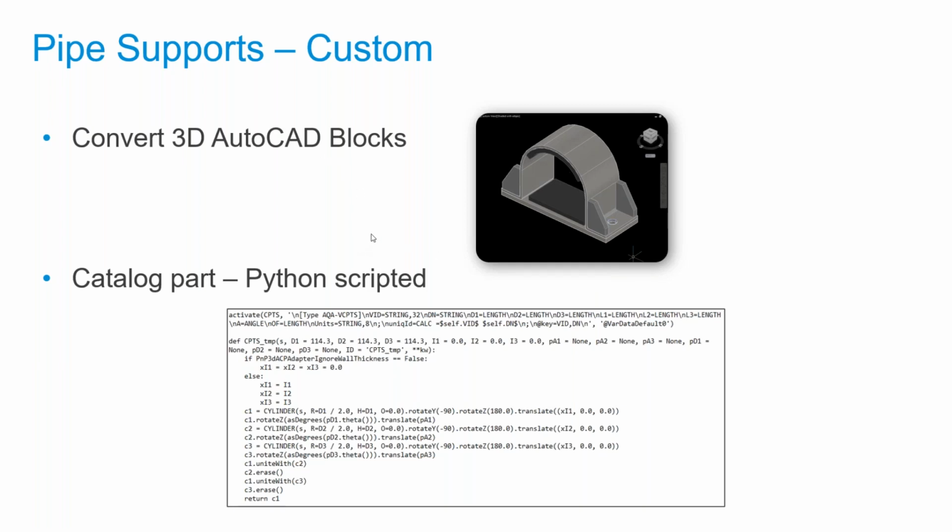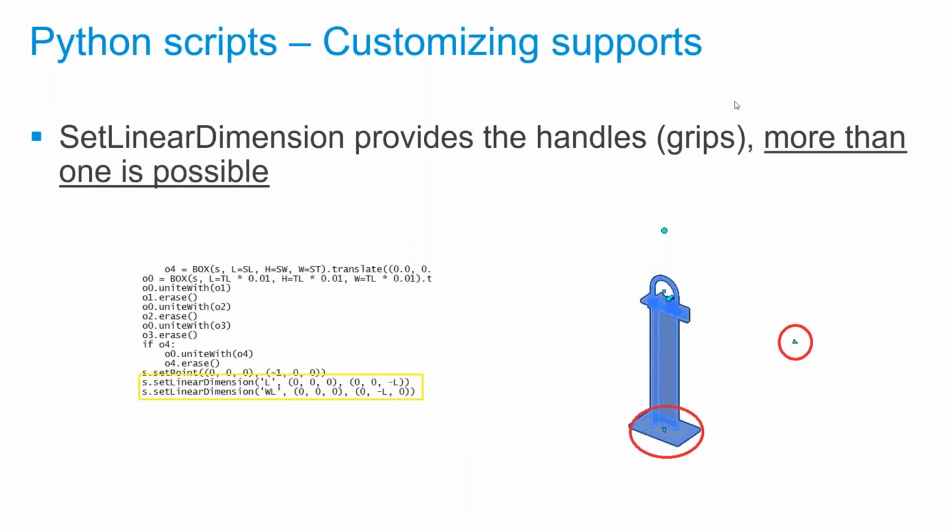When talking about Python scripting, just a little hint. Most of the templates that we have out of the box have one grip. If you're a programmer, you can also create more than one grip, as you see on the left side.